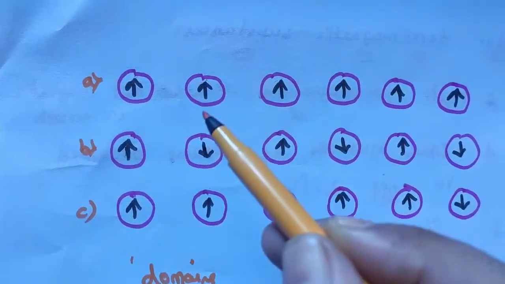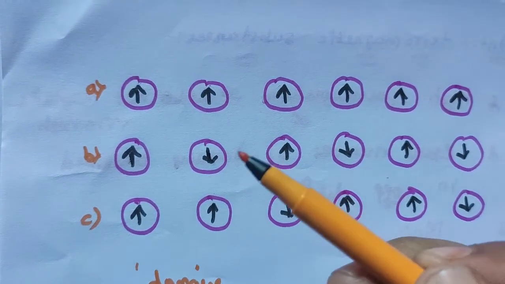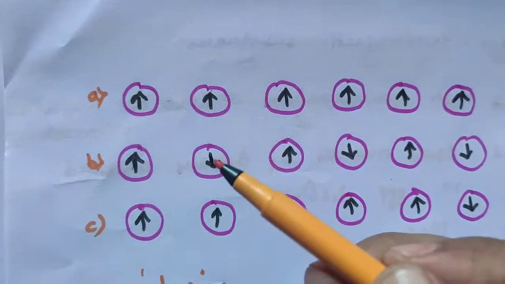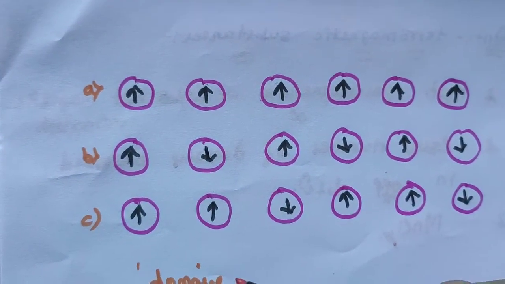This is the schematic representation of the alignment of magnetic moments in these three types of substances.